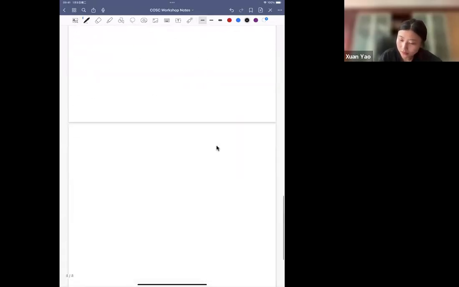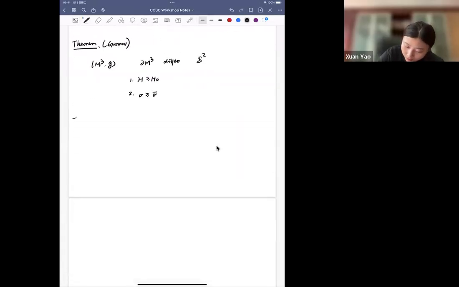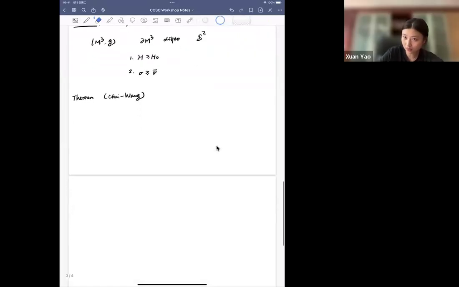Recently, Chai and Wang generalized Gromov's extremality result to any S1 rotationally symmetric convex domain in three-dimensional Euclidean space R3.